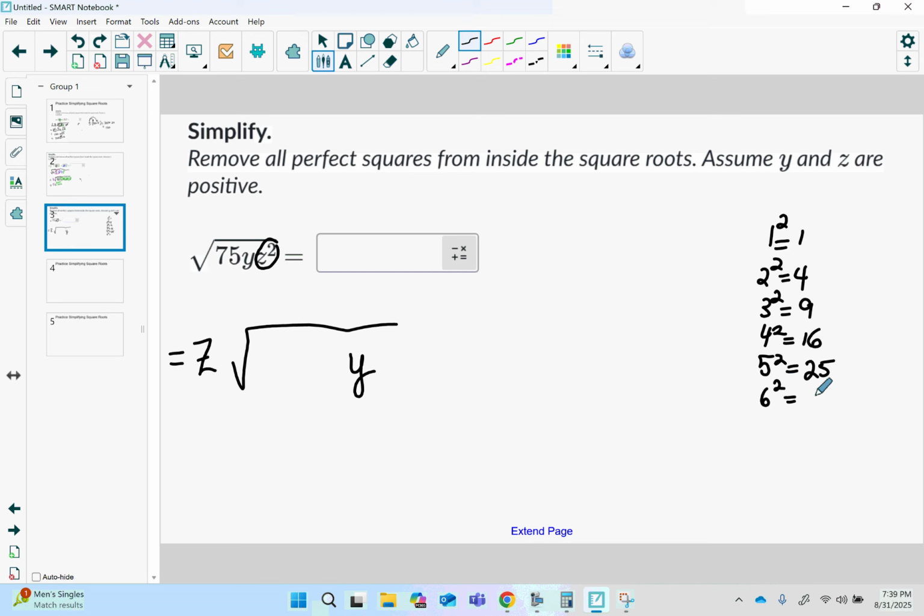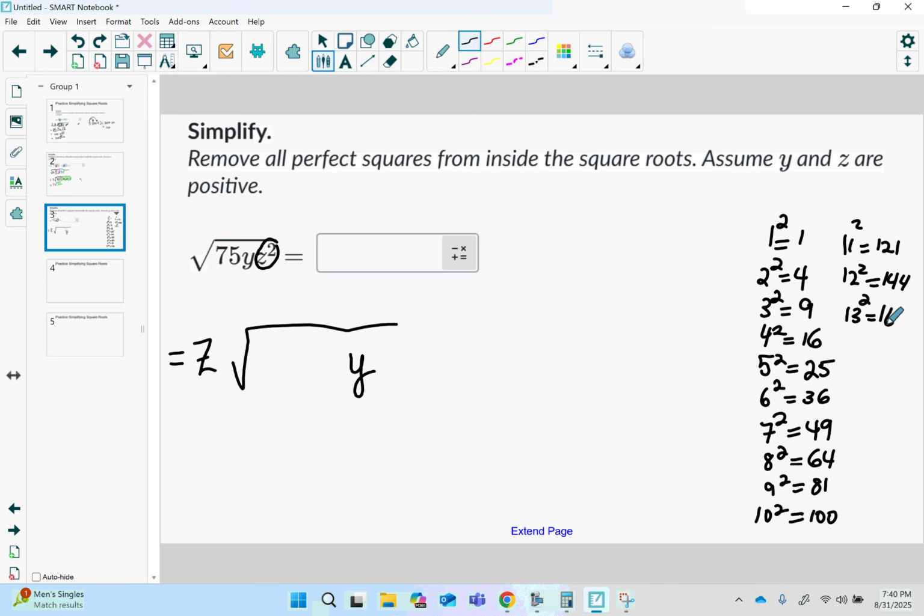It can be kind of tough to simplify these without having these memorized. So I love the idea of maybe making a list of them, quizzing yourself. So I'm just writing them out. I would go at least up to 12. At least those are the ones I know by heart. Actually, I think I know up to 13 squared. I think that's the last one I have memorized.